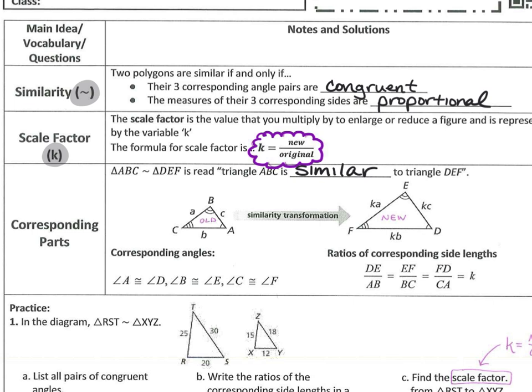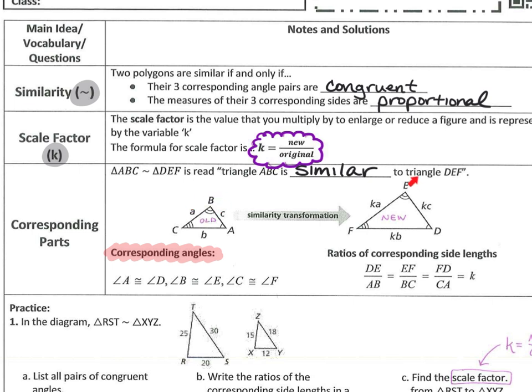Number 1, we know that all of the corresponding angles are congruent. So in this image here, we have angle A in the same spot as angle D. I know they're in the same spot because of the arc mark. You see how there's one arc mark for both of them? They are congruent, which means A and D are the same degree measure.